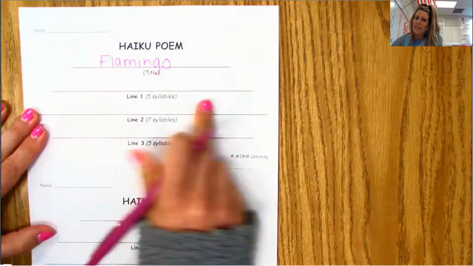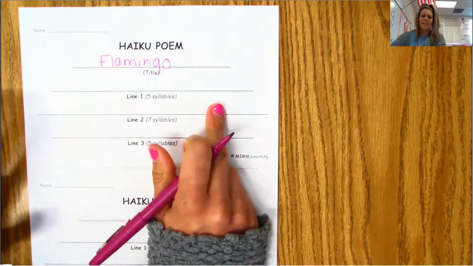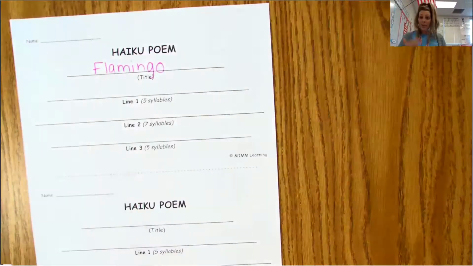And then our first line has to have 5 syllables in it. So you could put your animal in the first line. So flamingo already has how many? Flamingo. It already has 3. So I need 2 more, okay? Well, what do I know about a flamingo? It's pink. Flamingo pink. No, that's only 4. What if I put flamingo so pink?